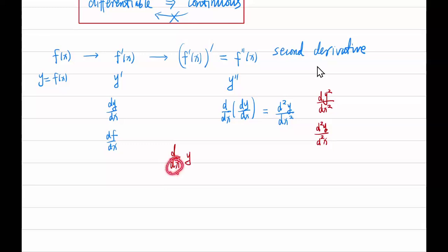So here we apply d/dx, d/dx. We apply this twice. So on the numerator, d once, d twice, so it's d squared. Denominator, dx once, dx twice, dx squared.